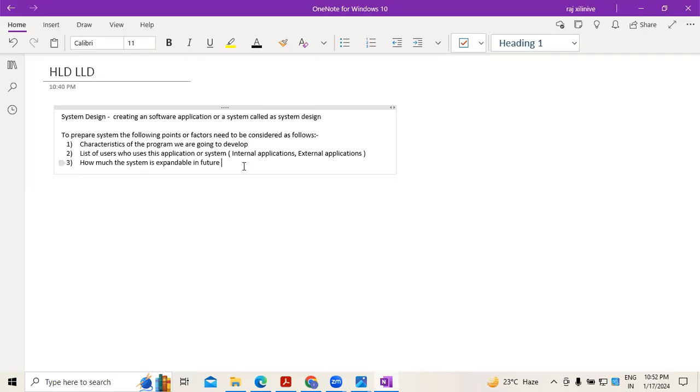Second, we must know the list of users who are going to use this application in reality, whether it is an external application or an internal application. The third one, we must know the possibility of expanding the system in future.